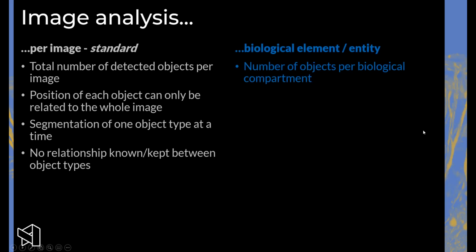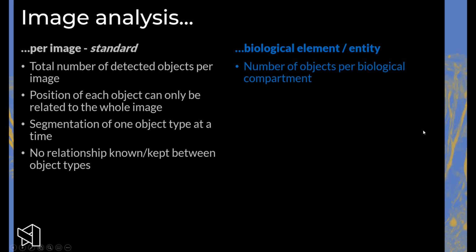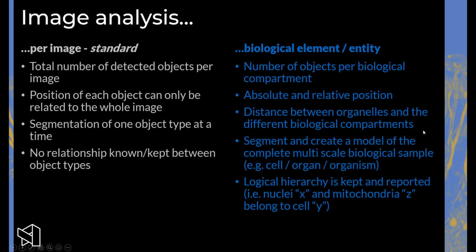The main concept here is that we move away from just analyzing the images on a per image basis, but we focus on biological elements and biological entities. And this gives us so many more possibilities in terms of extracting meaning from these images that are either labeled with multiple channels, or we can create multiple channels using the pixel classifier or one of the deep learning models.